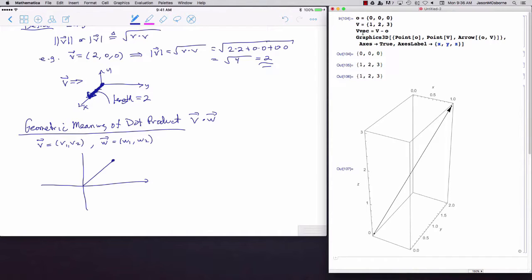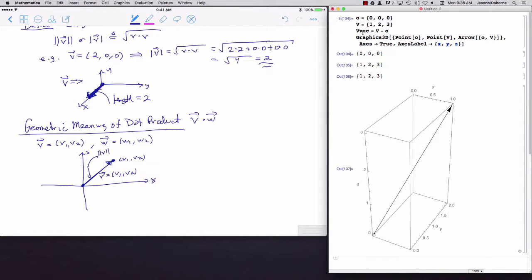Here is the vector v, so there's the point (v1, v2). Here's the origin. Here is the vector v, equal to (v1, v2). And we know that the length of this vector is the length of v. So the length of v is the length of that arrow.